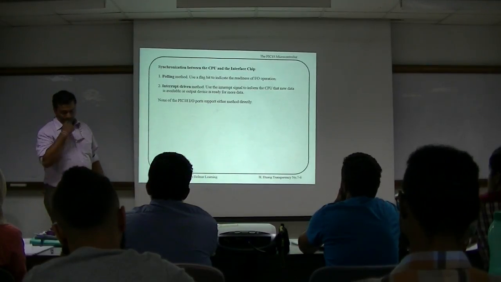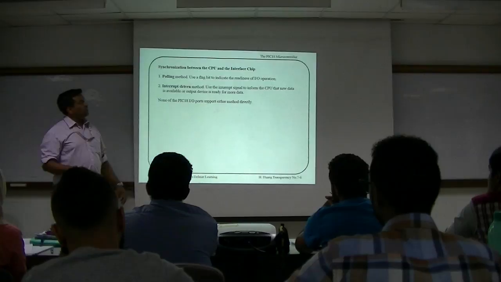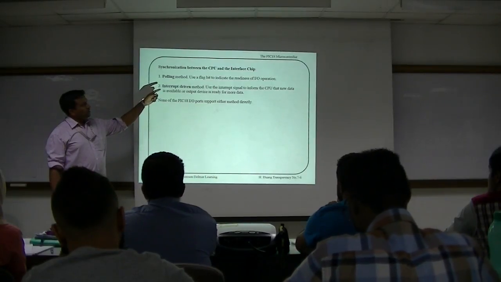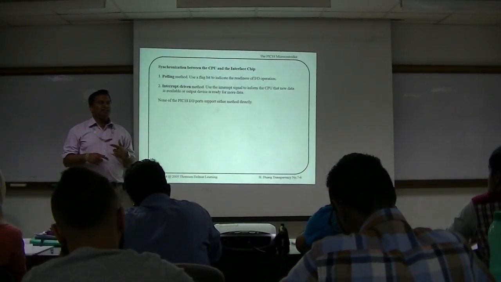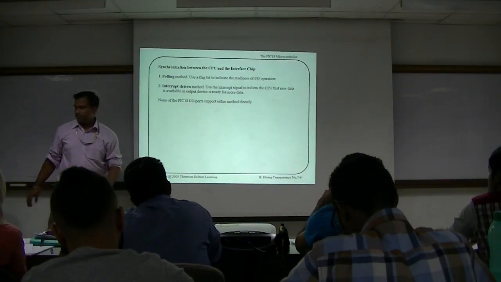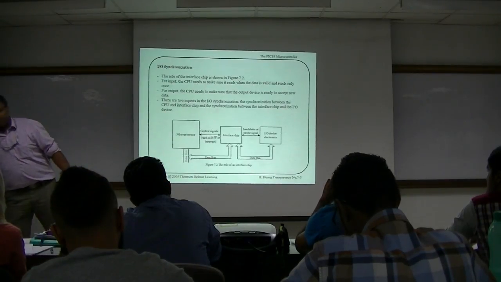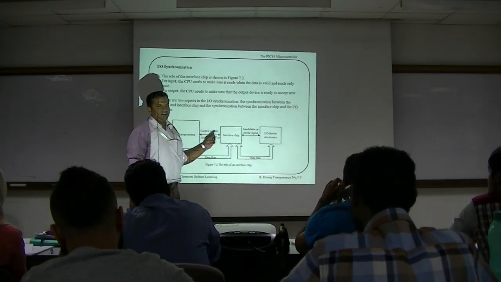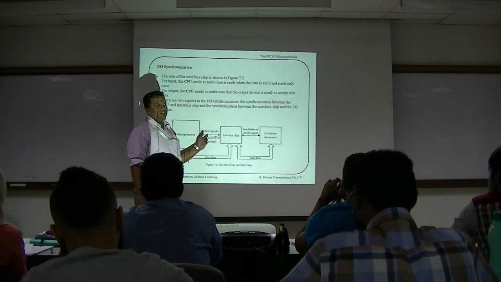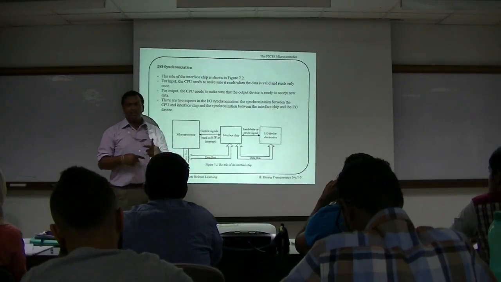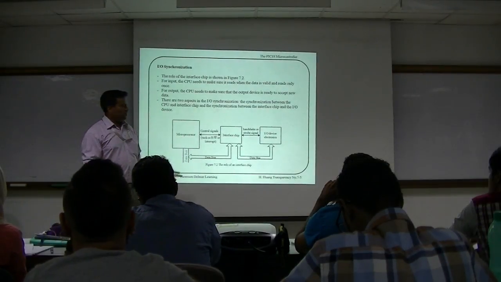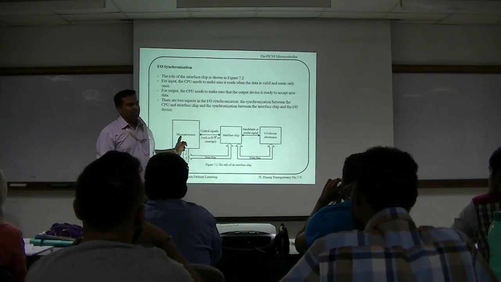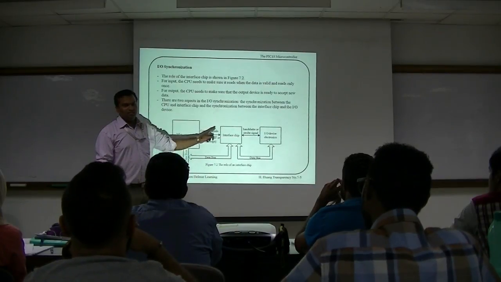The polling method means you constantly check. The microprocessor asks, is the data ready here? Is the data ready here? Polling means repeatedly you keep on checking. You keep asking, is data here, is data here, is data here?